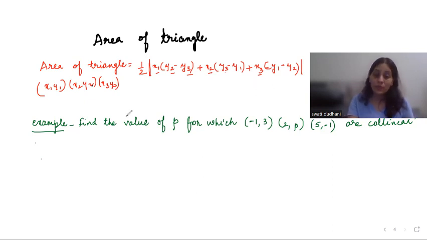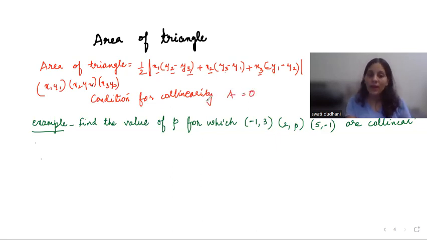Now, you have a very important criterion: the condition for collinearity is that the area of the triangle is equal to 0. Why?